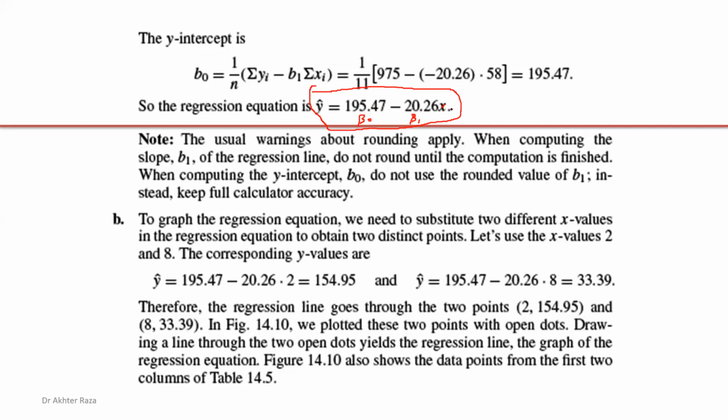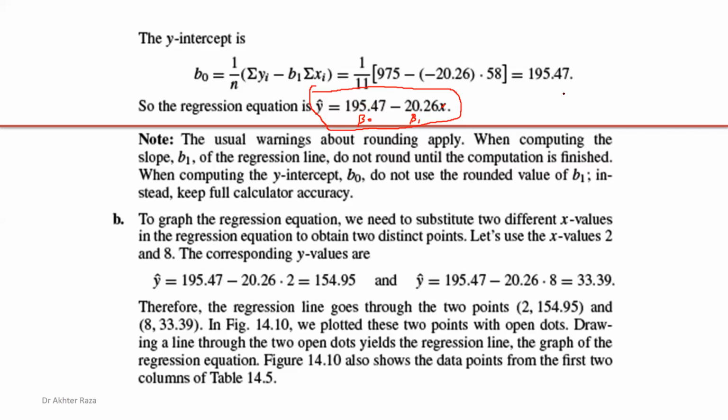If it is a 2 year old car, then $4,052 will be reduced. If it is a 3 year old car, then 6,000 and something dollars will be reduced. So every year, $2,026 will be reduced.